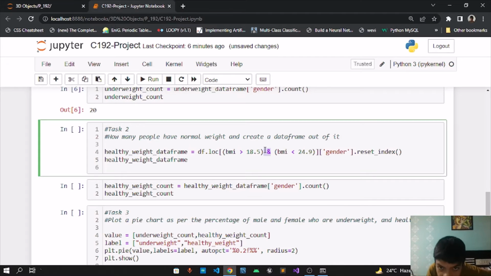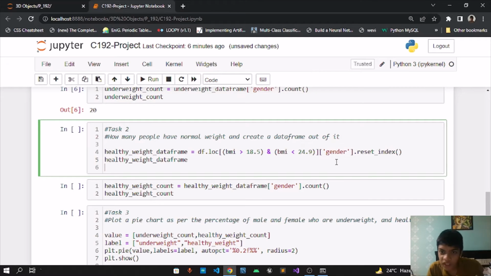So this is an AND operation here. If both conditions are true, then only it will add the person in a data frame with their gender. So both conditions need to be true so the data is appended into a new healthy weight data frame.